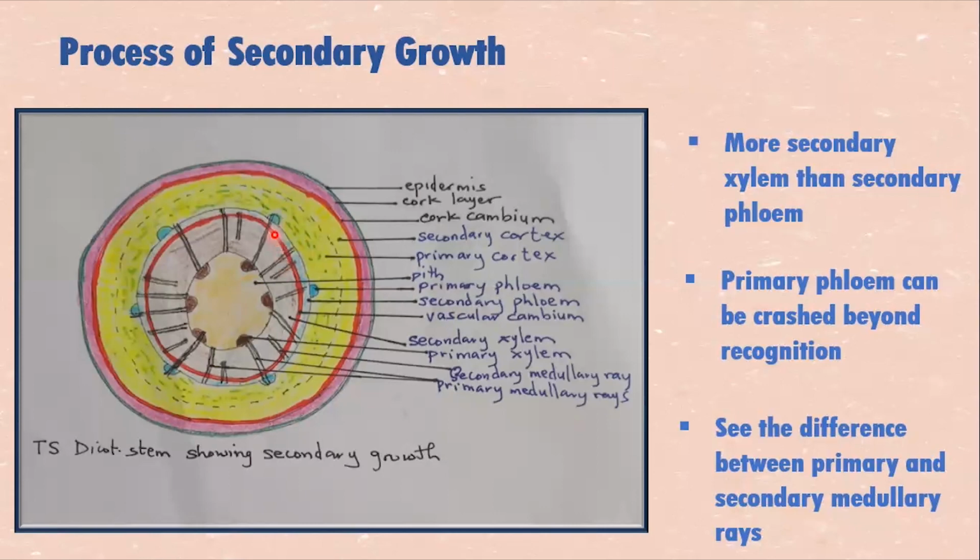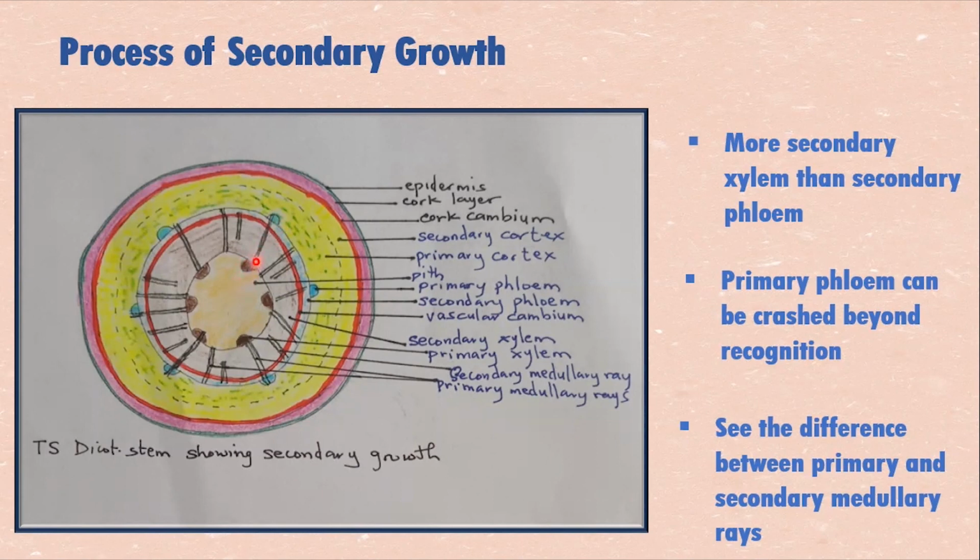Now, look at it carefully. The primary phloem is here, and the primary phloem is weak. And so normally the primary phloem is finally crushed, and only the secondary phloem that is being produced is kept.